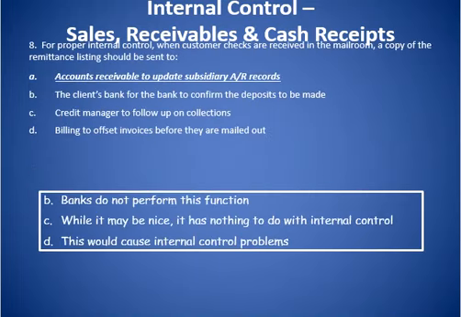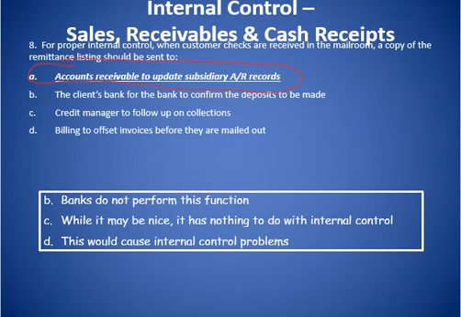Okay, the answer for number 8. For proper internal control, when customer checks are received in the mailroom, a copy of the remittance listing should be sent to, and the answer in this case would be A, accounts receivable, to update accounts receivable subsidiary records.